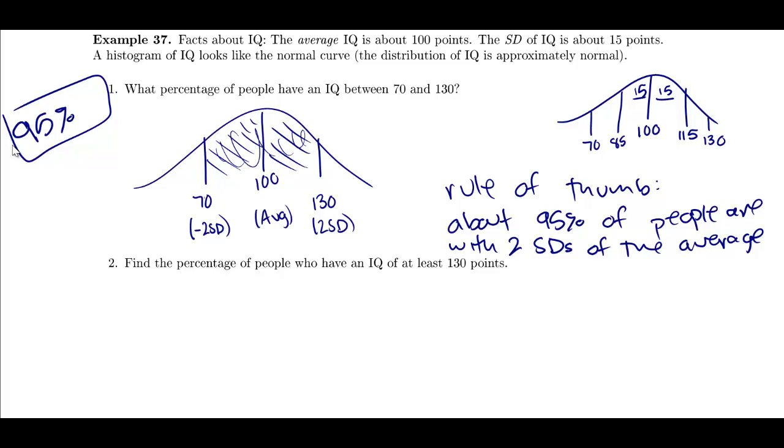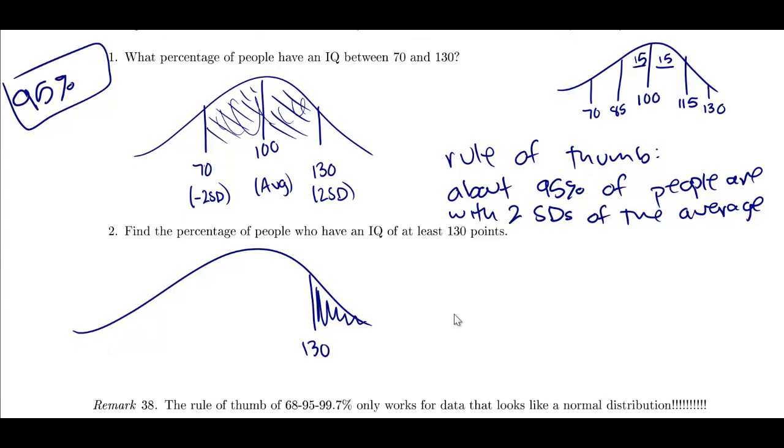Number 2, find the percentage of people who have an IQ of at least 130. So here's my 130, and I'm looking for the percentage of people that have an IQ of at least 130. Well, 130 is 2 standard deviations above the average.